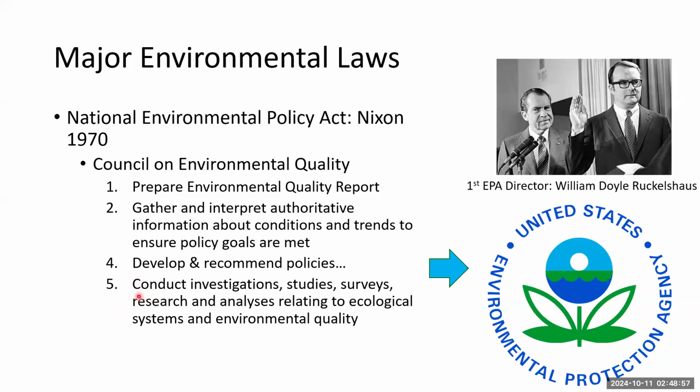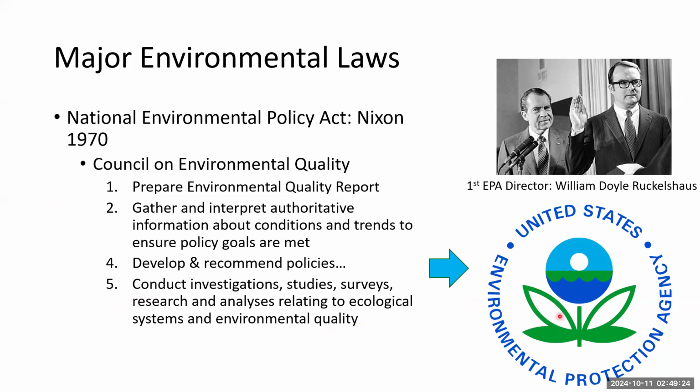So this last point of the Council of the Environmental Quality Act inside the National Environmental Policy Act, this is the piece of legislation that created the Environmental Protection Agency. We have the EPA because of the Council of Environmental Quality, which is one of the cornerstones of the National Environmental Policy Act. And so it's the EPA.